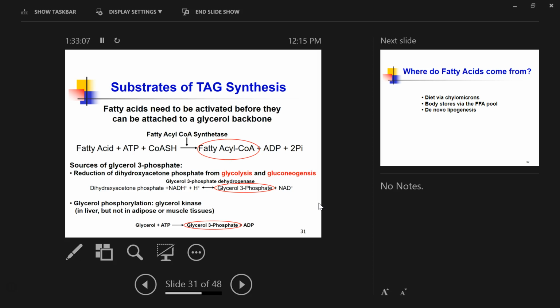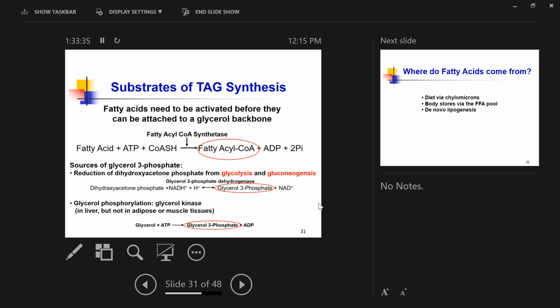And the other source is that glycerol 3-phosphate can be directly generated from glycerol. That requires an enzyme called glycerol kinase, right? And glycerol kinase, remember, is only present in the liver. So this source of glycerol 3-phosphate can only be generated in the liver and not in adipose tissue, right?